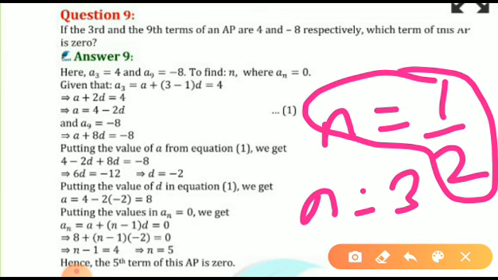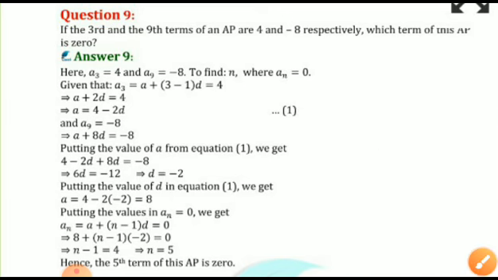Because when we count the numbers, 1, 2, 3, 4, I will not count 1 by 2 or 1 by third number. So always my n value should be a natural number. And hence, in this question the value of n you have got is 5. Hope this is clear to you.